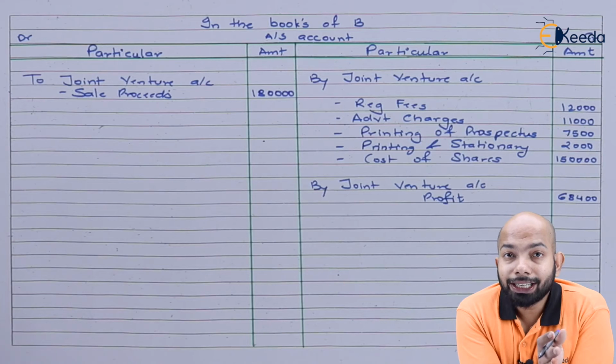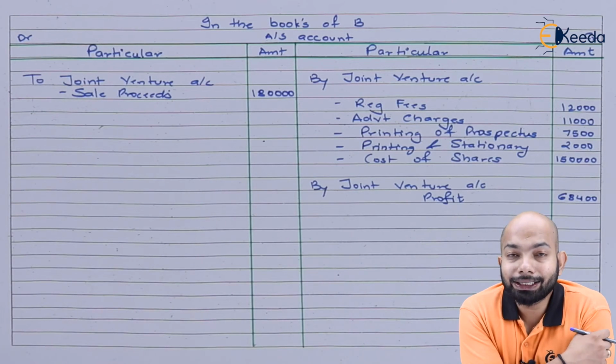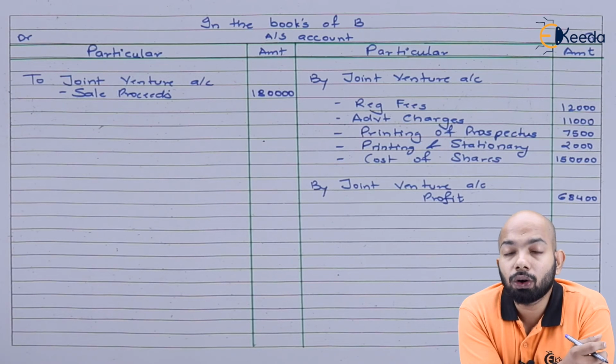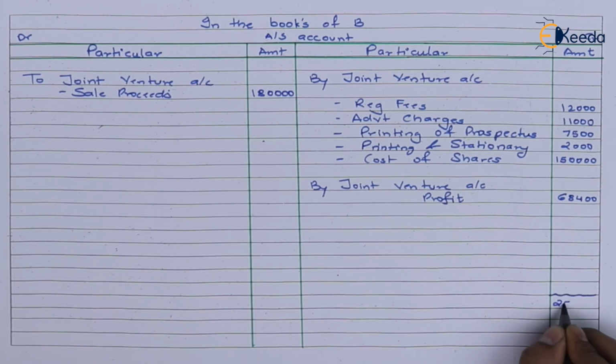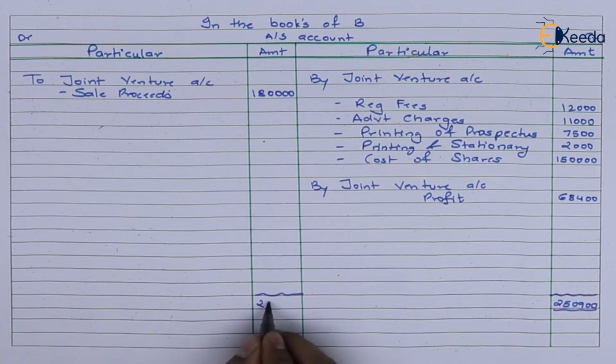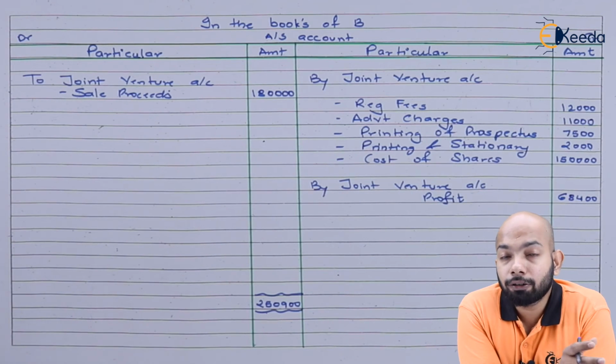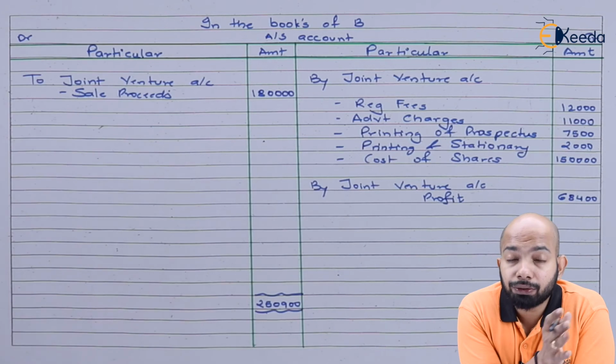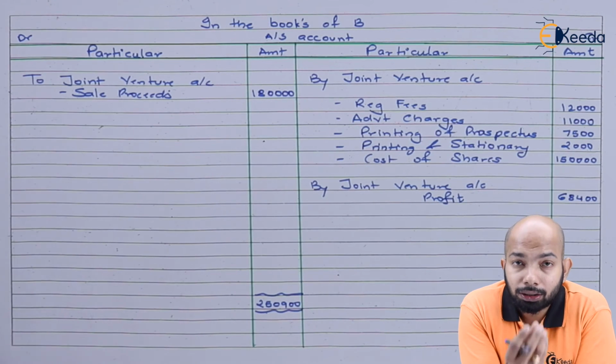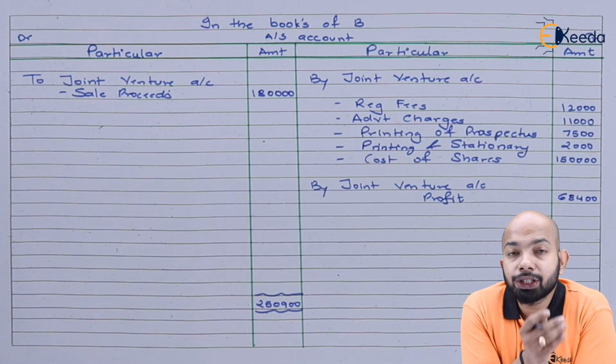So now that we've mentioned everything, let's figure out what is the credit total, and the balancing figure will be mentioned on the debit side here. Now the total of the credit side is 2,50,900, out of which if we subtract 1,80,000, the rest will be the balancing figure, which will be mentioned as to bank.